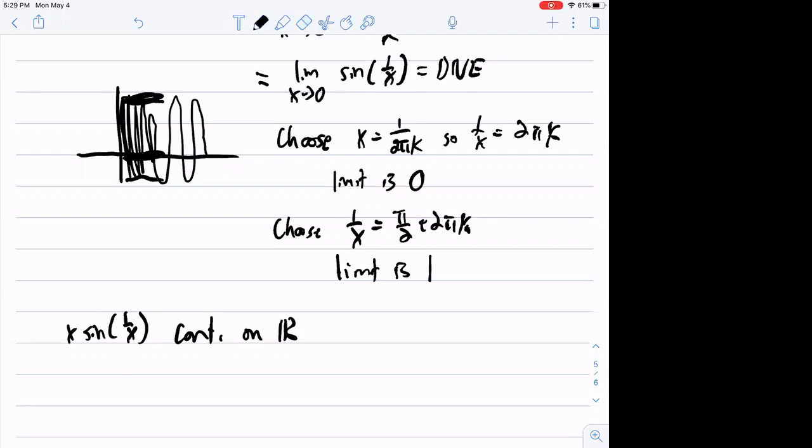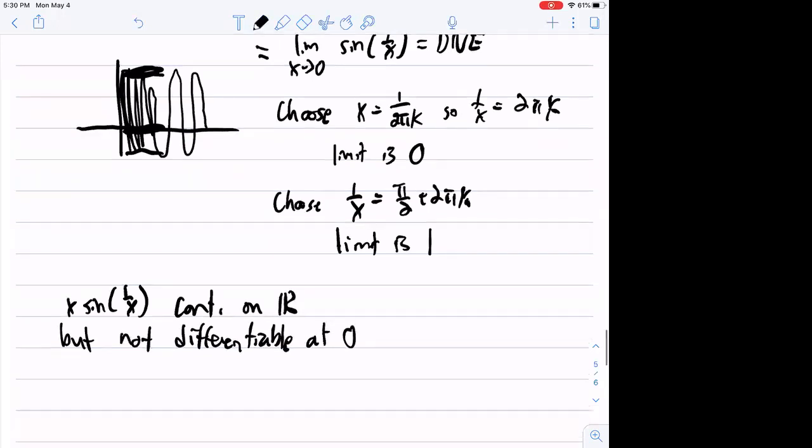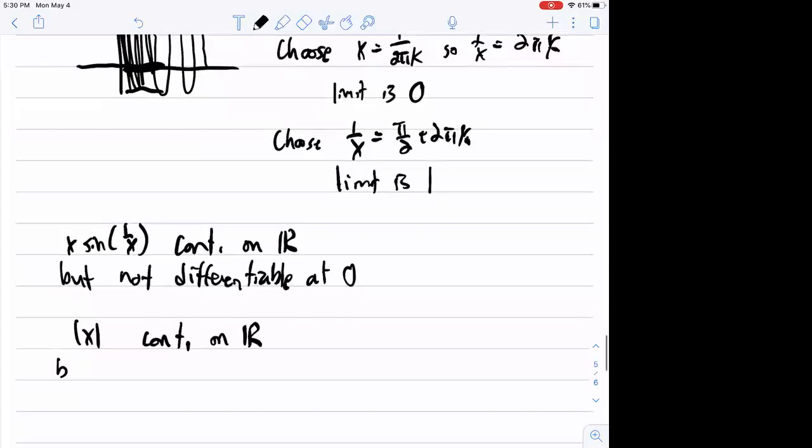So it's continuous on all of R, but not differentiable at 0. The second example was absolute value of x. Same thing: continuous on R, but not differentiable at 0. So you have two nice examples.